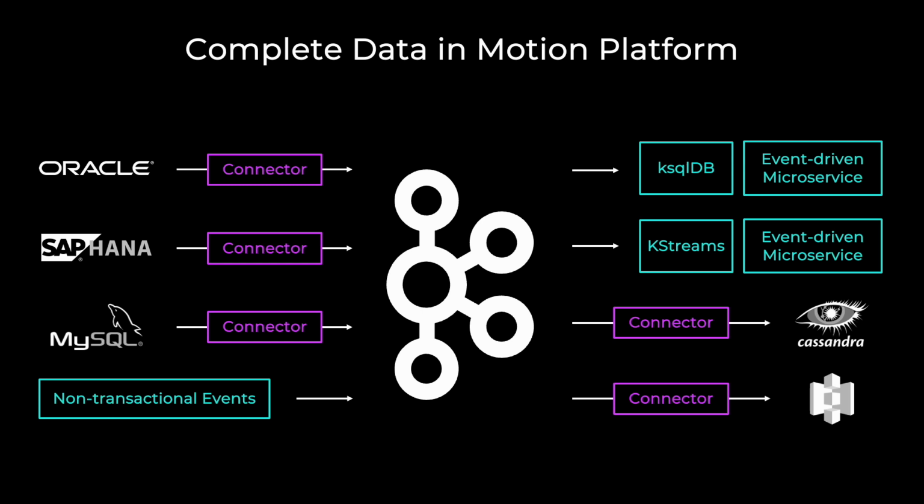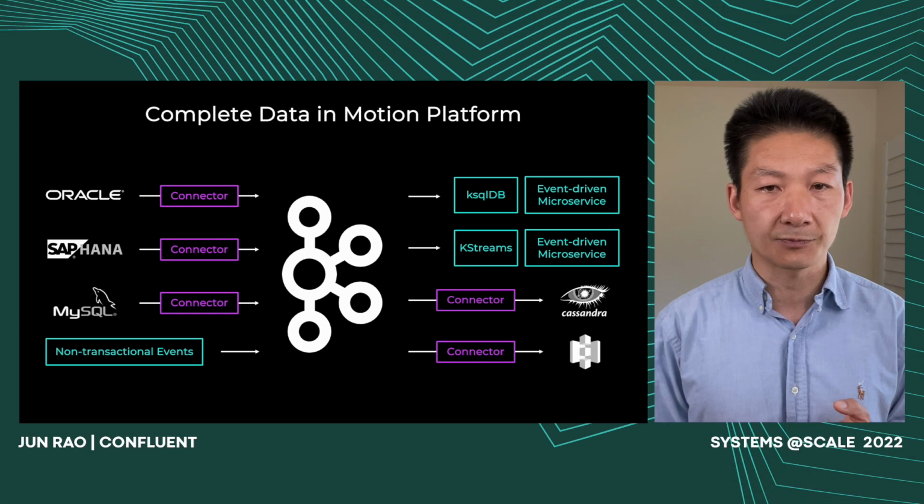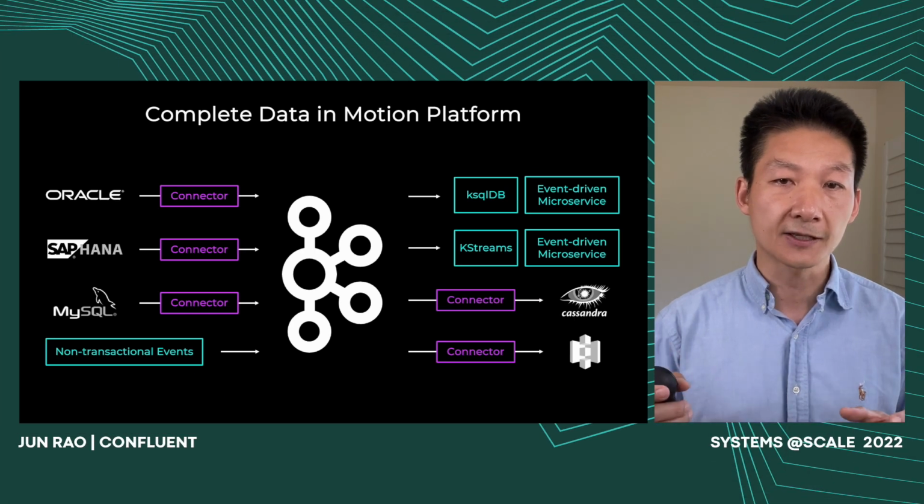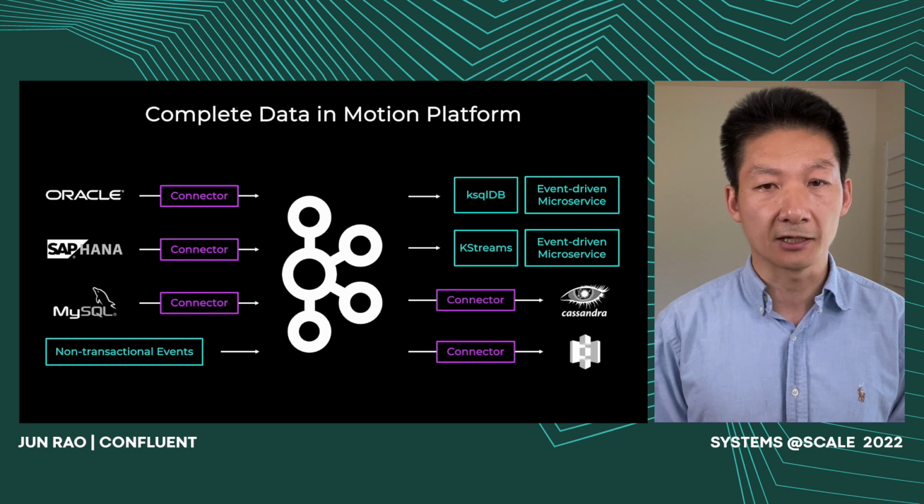With the processing capability we have been adding through ksqlDB and Kafka Streams, we are providing building blocks for people to build this new type of event-driven application that allows them to accommodate user needs in a much more real-time way, and that allows people to get insights into the business in a much more engaging way.